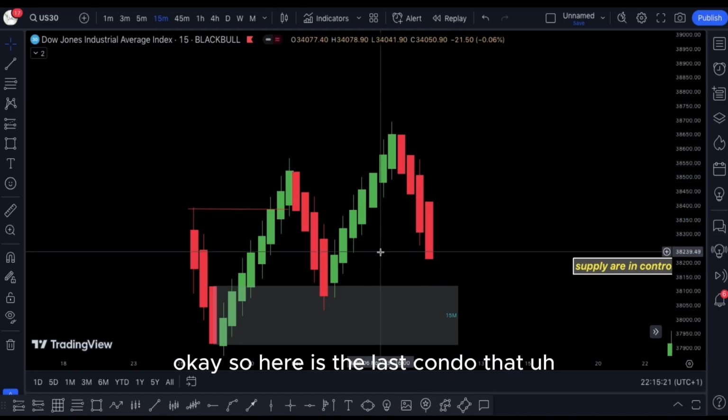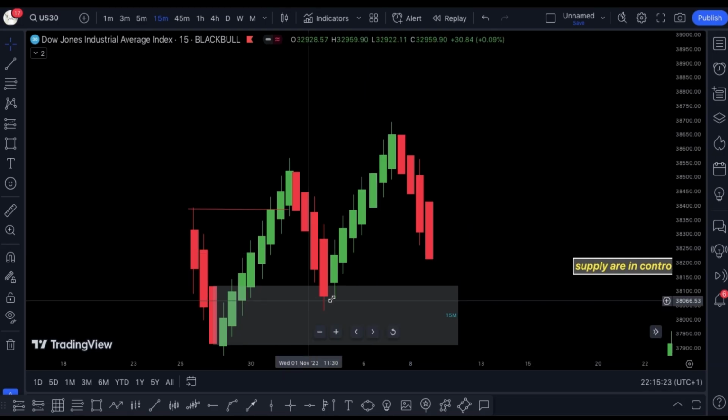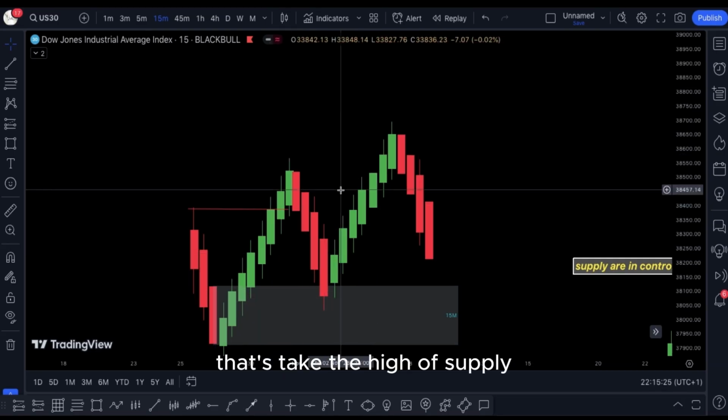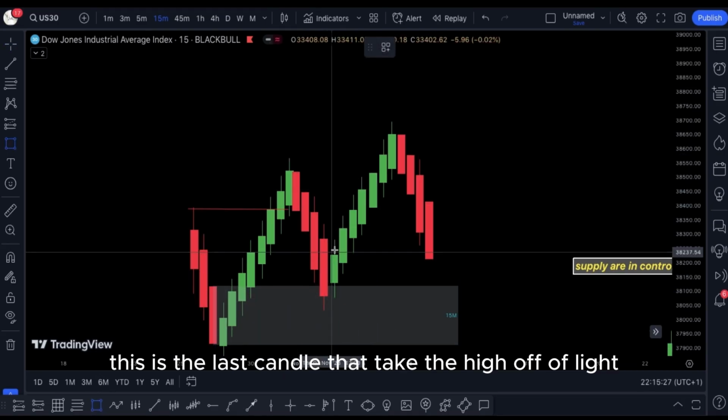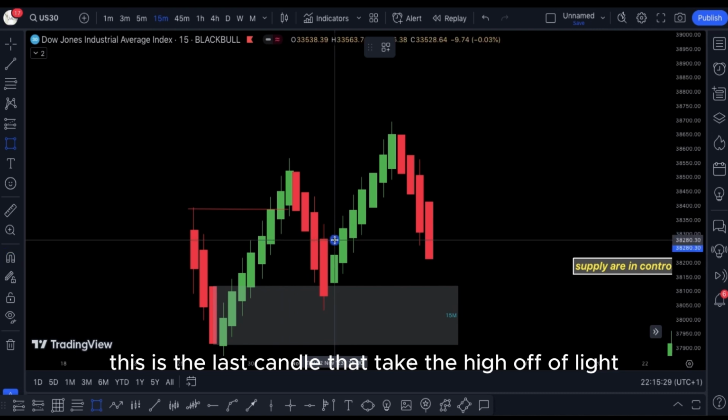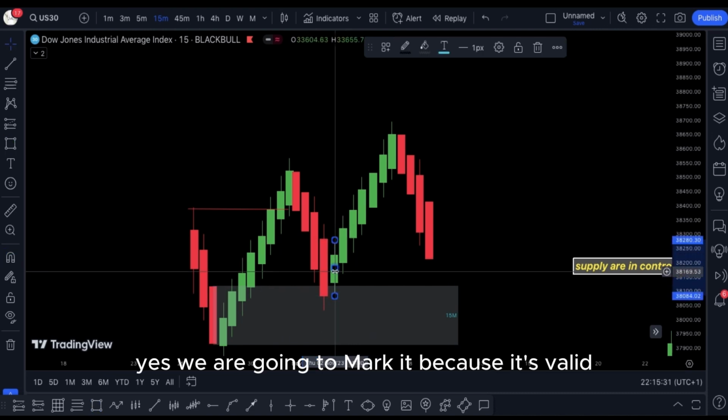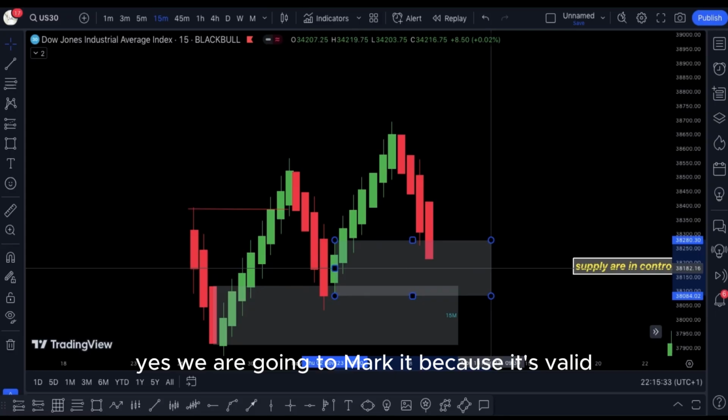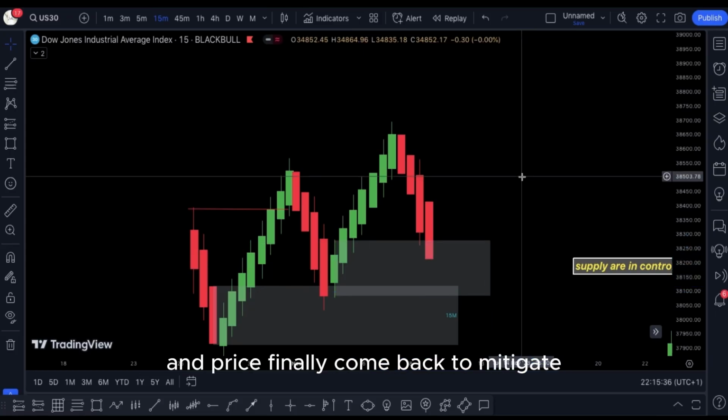Here is the last candle that takes the high of supply. Are we going to mark it? Yes, we are going to mark it because it's valid. It takes the high of supply, and price finally comes back to mitigate it.